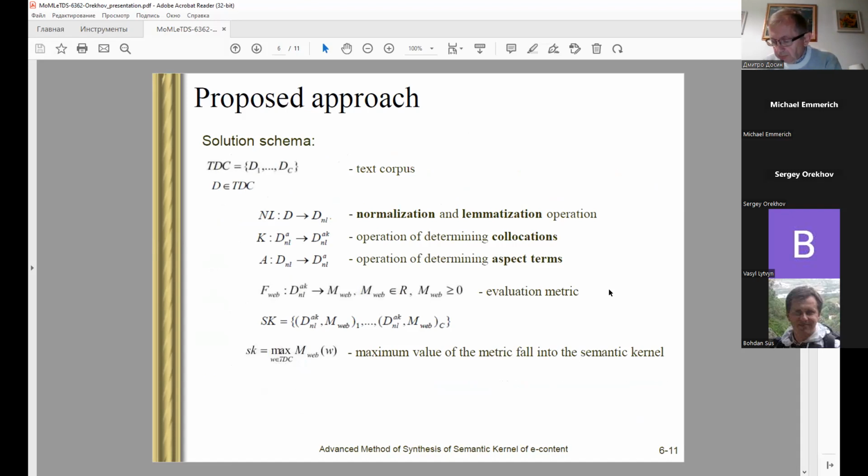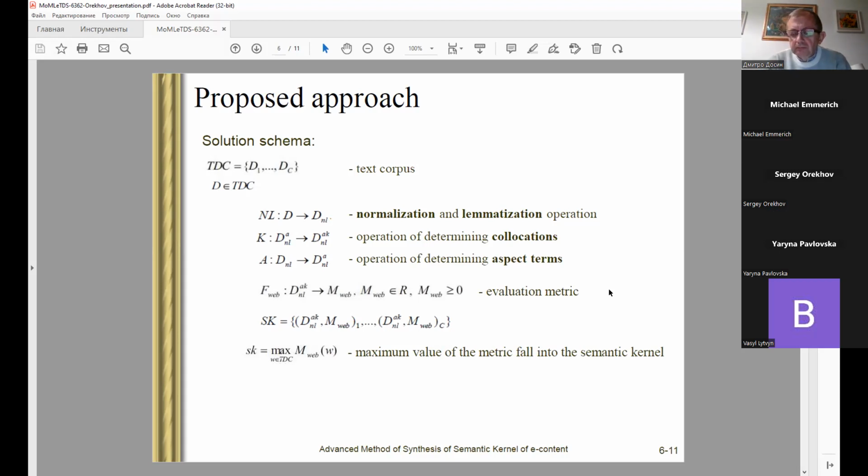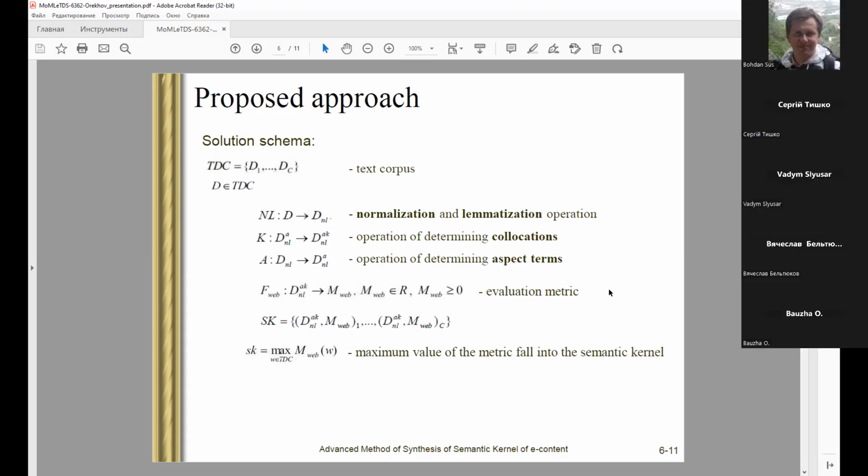This allows us to truncate the second set of characters in each document. We then process the selected documents to find collocation and aspect terms. Collocations are the first circle of the semantic kernel, and aspects will allow us to improve the kernel with keywords of general meaning.